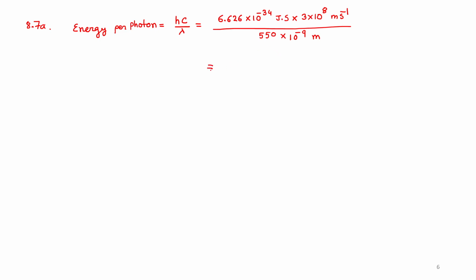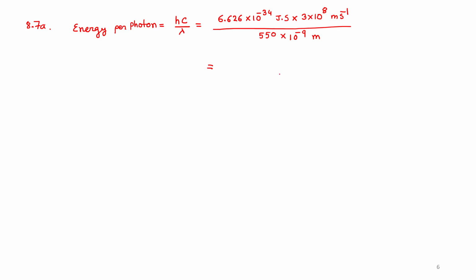So what is the energy per photon? Let me calculate. You can also calculate with me. 6.626 into 10 to the power minus 34 multiplied by 3 into 10 to the power 8 divided by 550 into 10 to the power minus 9.